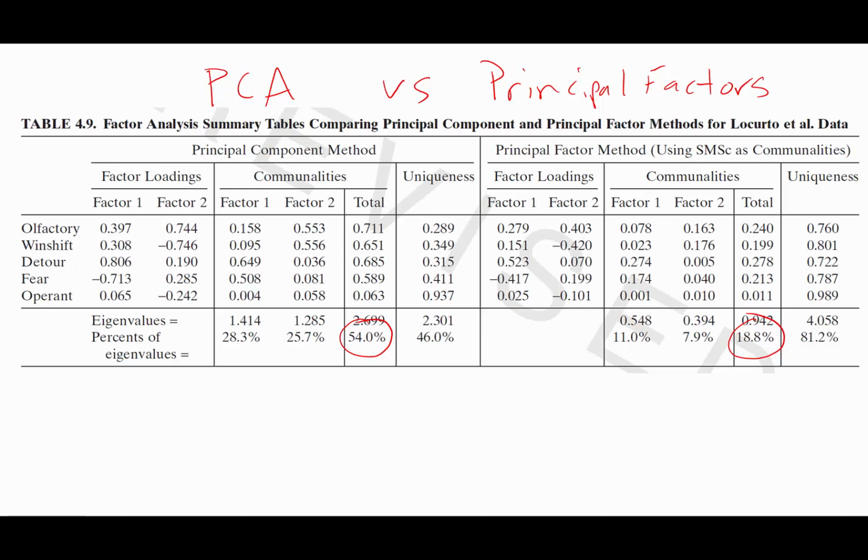So using the factor loadings and the uniqueness values shown in the principal factor summary table here in table 4.9, the common factor model can be used to reconstruct the original correlation matrix as closely as possible, and we use an equation that's equation 4.22 as shown in the text.